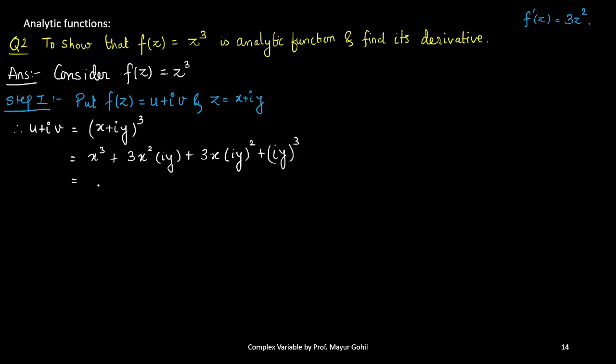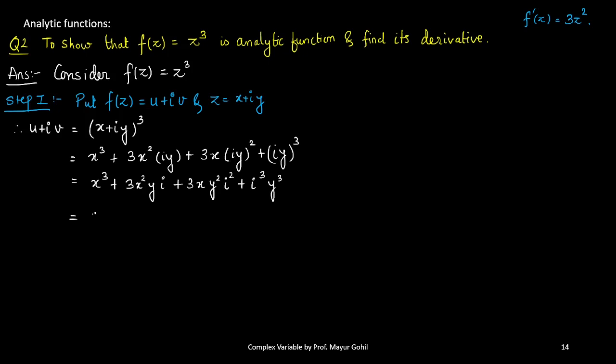On simplification, we get x cube plus 3x square y i, plus 3x y square i square, and then i cube y cube.